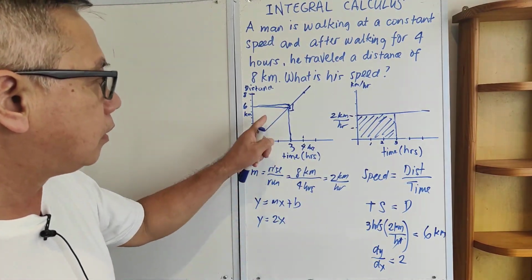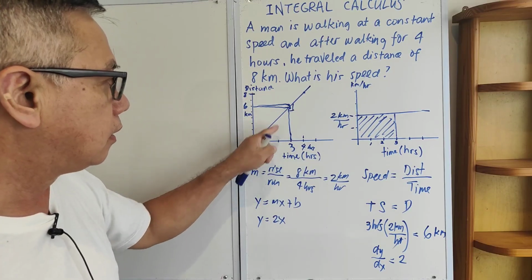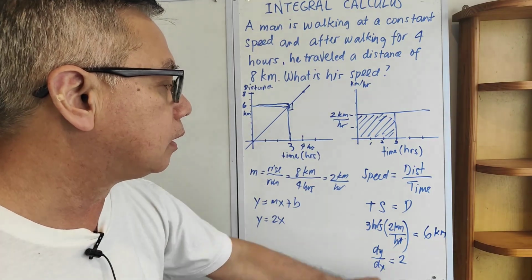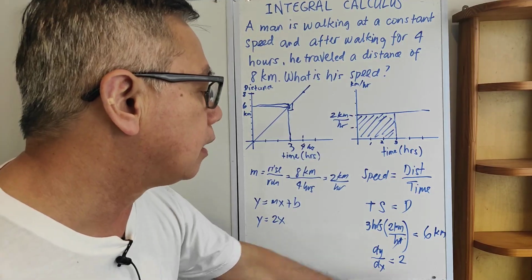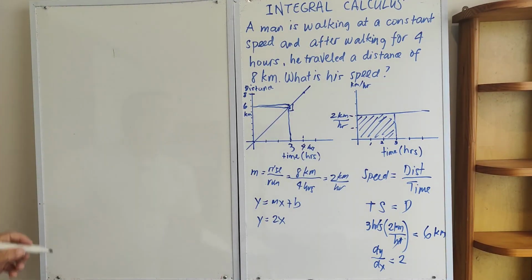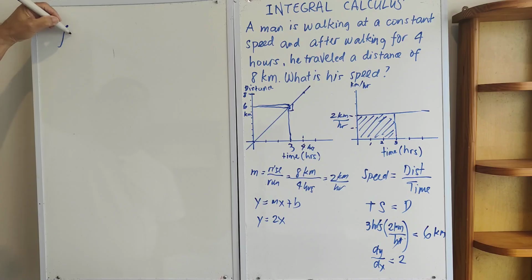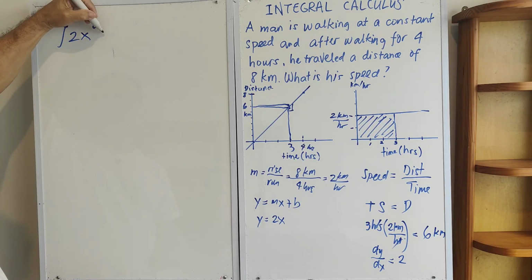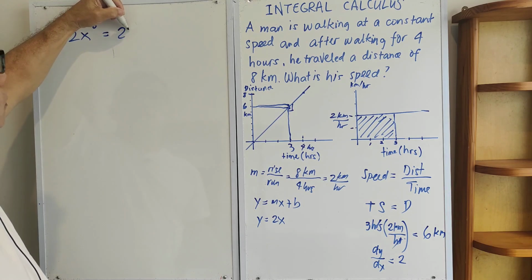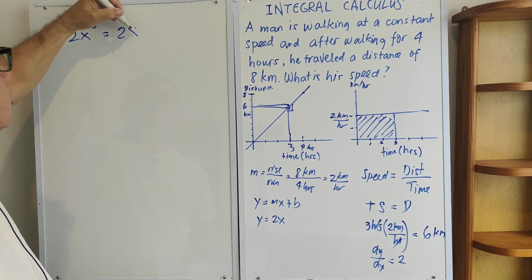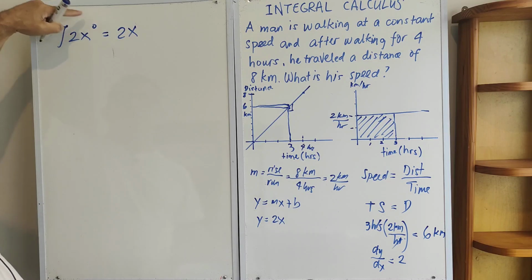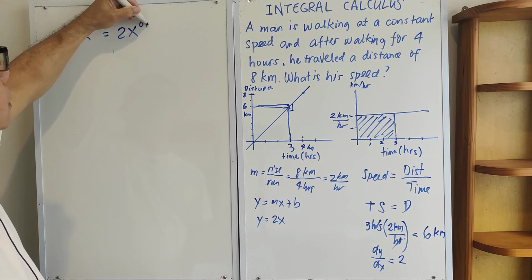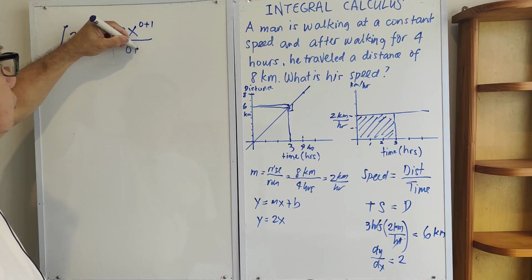Now, if we want to go back to the original equation, we have to integrate this value. To integrate 2, remember 2 has x to the 0. So the formula is you add 1, so 0 plus 1 over 0 plus 1.